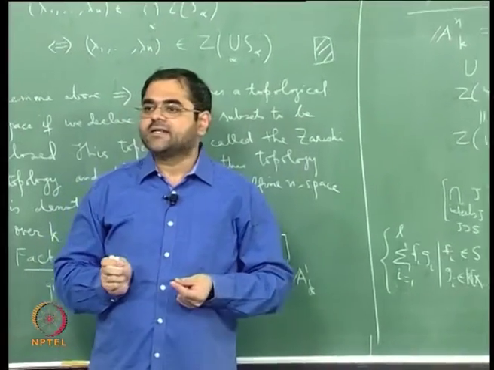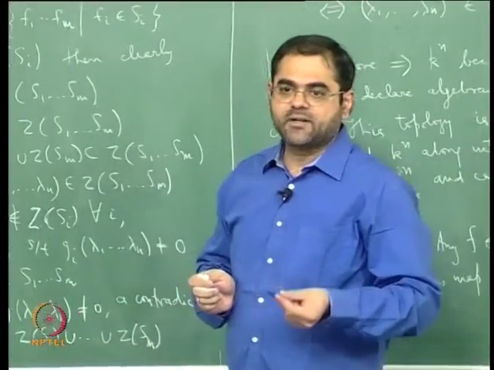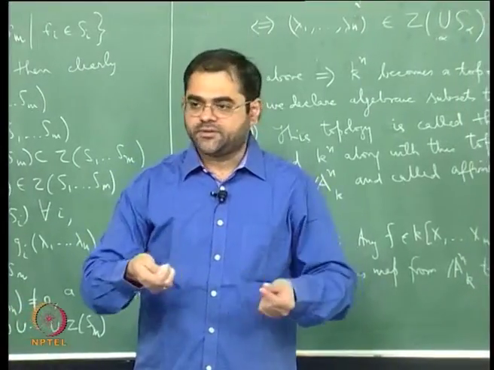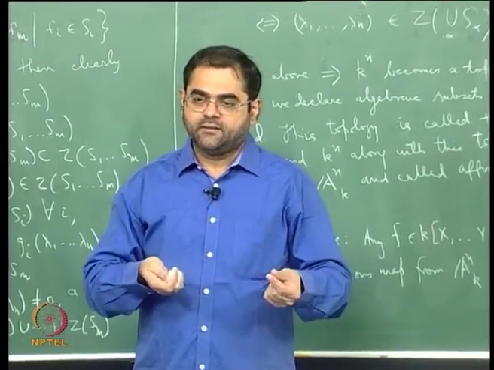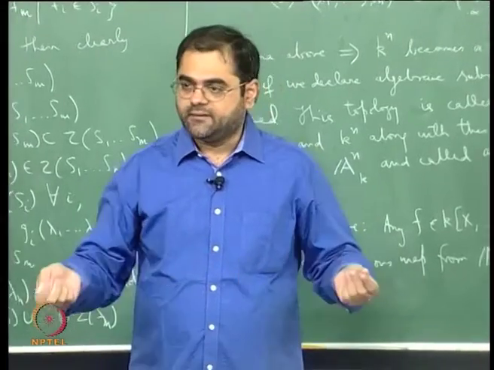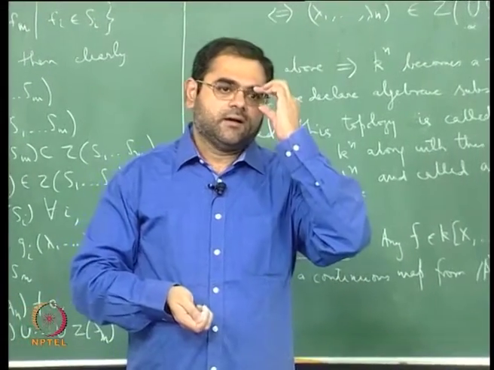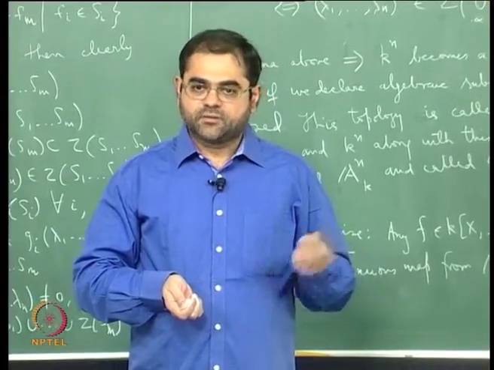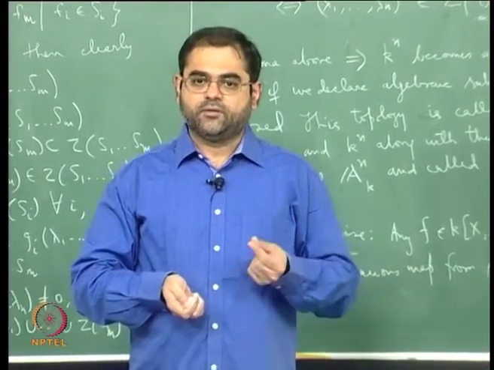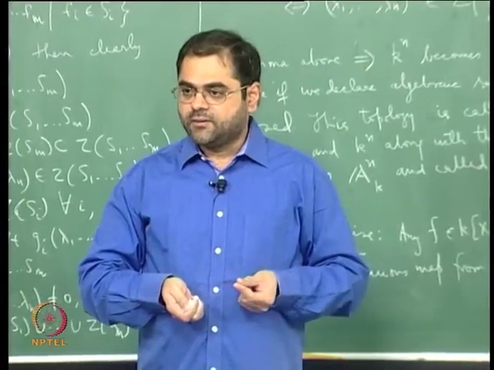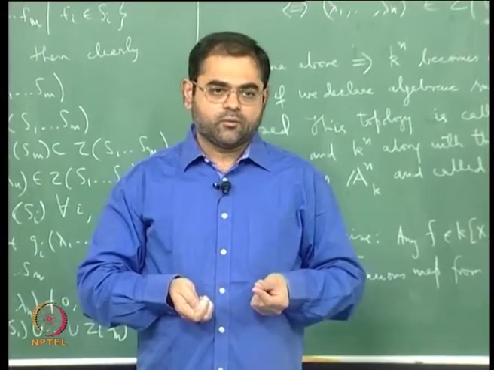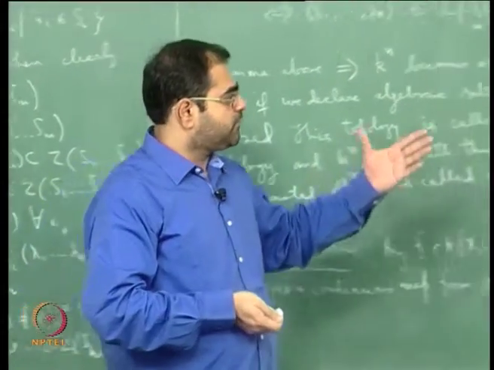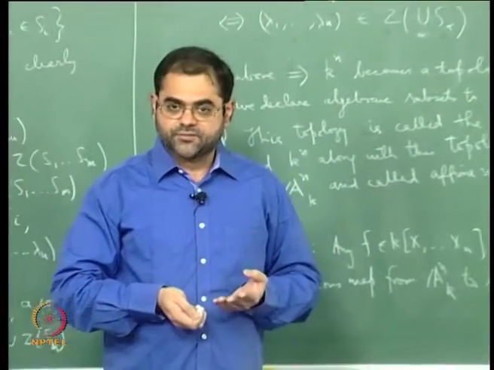Why it is heartening is because if there are finitely many polynomials, this is something you can compute, and you can expect that it is not going to be a computation that will never end. This is one of the reasons that a lot of algebraic geometry is nowadays done on the computer. You have special software programs like Macaulay and CoCoA which allow you to do ring theoretic computations.